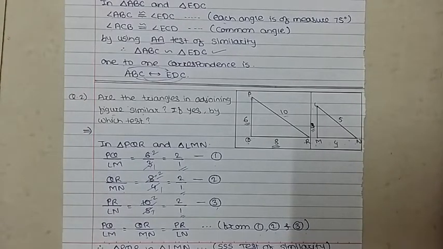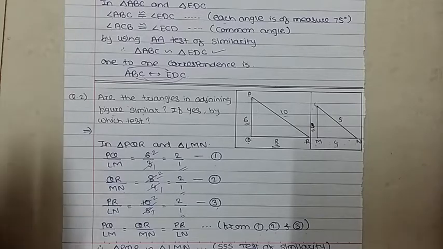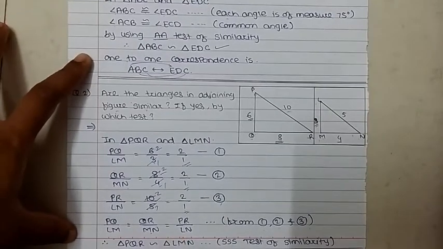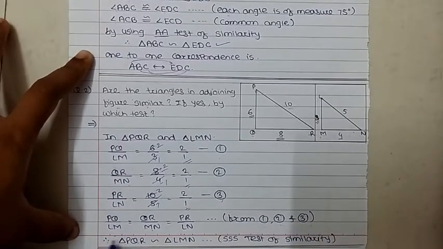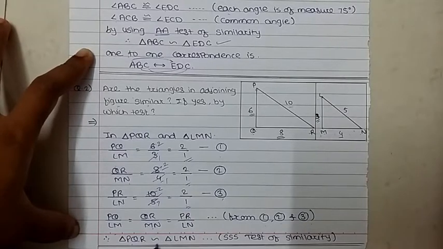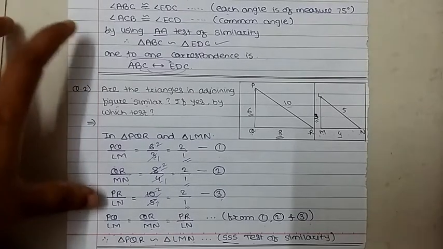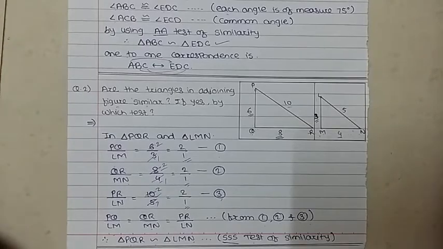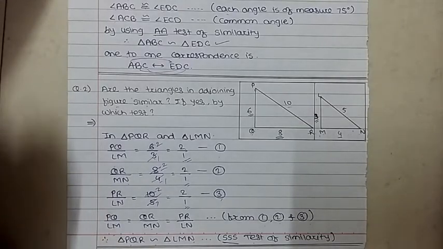So by using the SSS test of similarity property, we can say that triangle PQR is similar to triangle LMN. Understand this one? Okay.